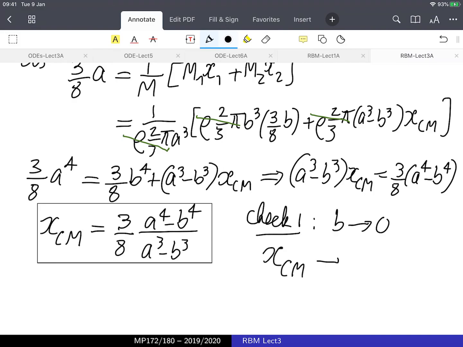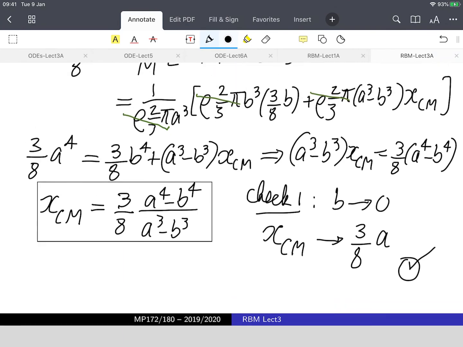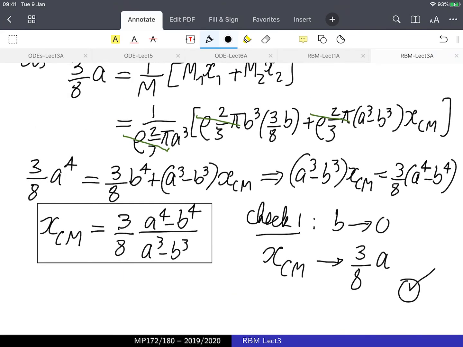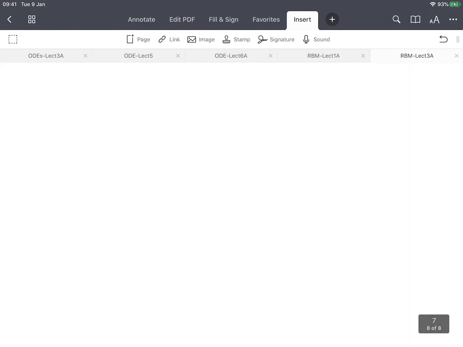XCM tends to, B goes to 0, 3/8 of A4 over A3, you get 3/8 of A. So that's good. 3/8 of A, consistent with the last lecture.